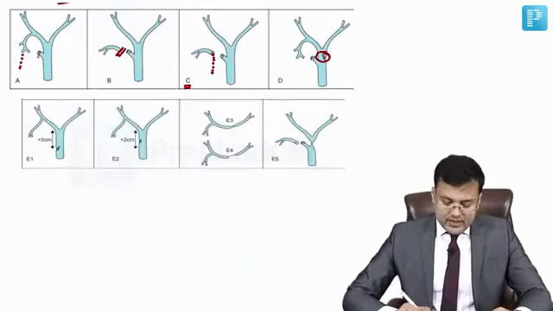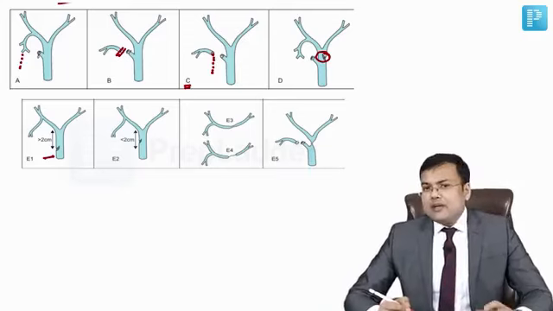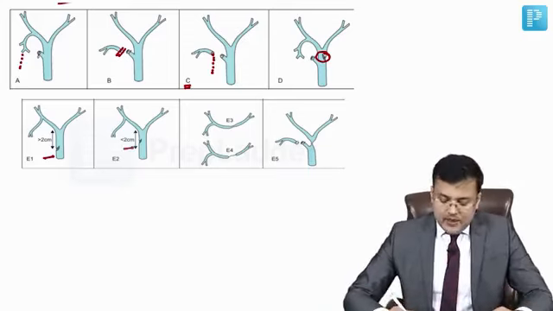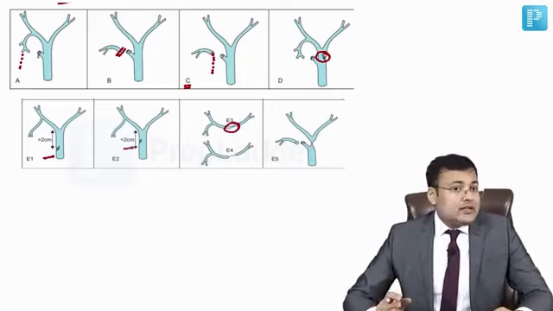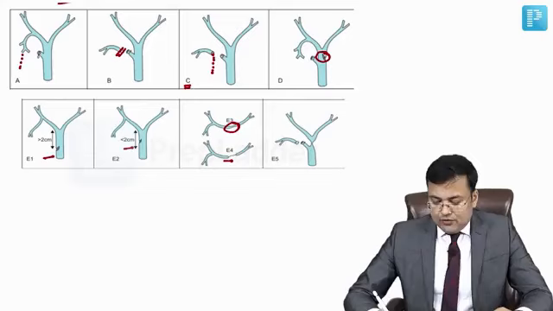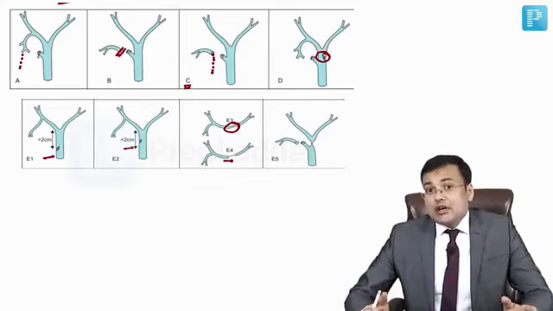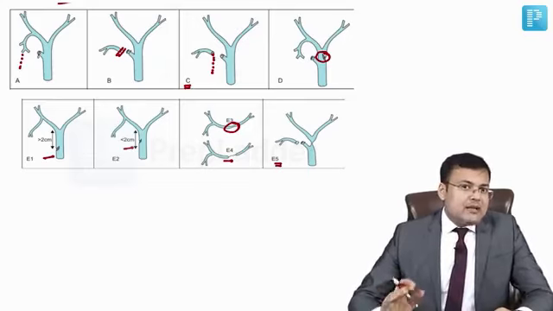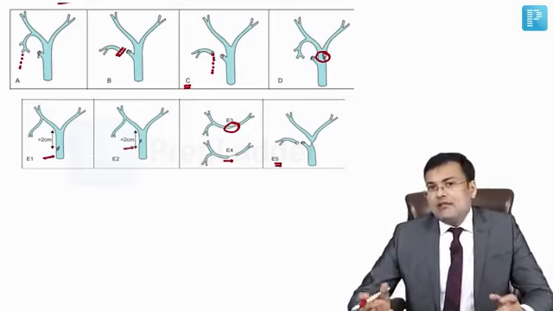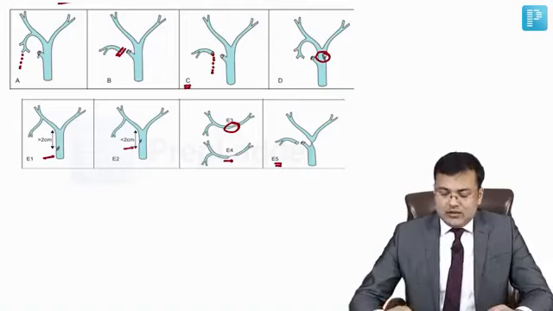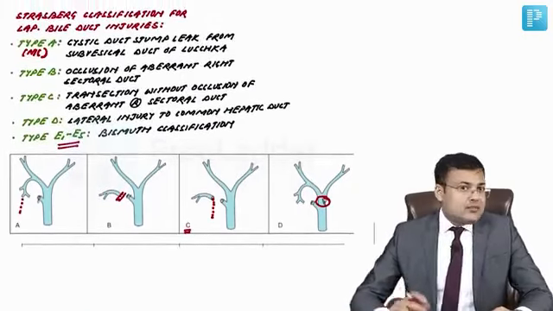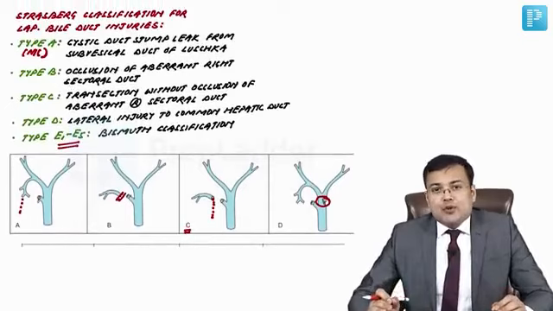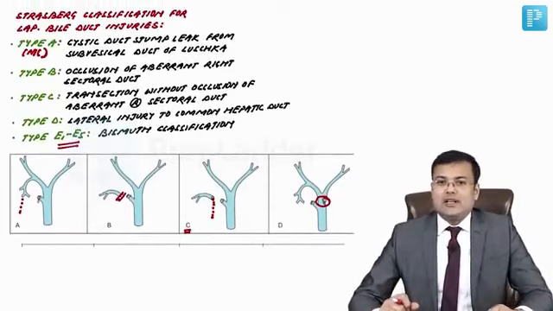So E1 common hepatic duct stump more than 2 cm, E2 less than 2 cm, E3 hilar stricture with intact confluence, E4 hilar stricture with destroyed confluence, and E5 stricture involving aberrant right sectoral duct with or without stricture of common hepatic duct. So this is Strasbourg classification for laparoscopic bile duct injuries, which is preferred over Bismuth classification.